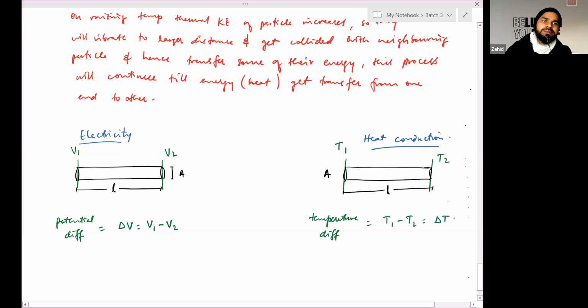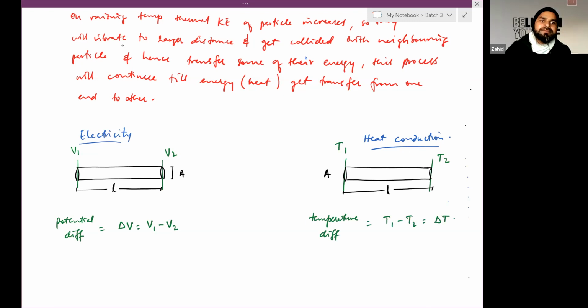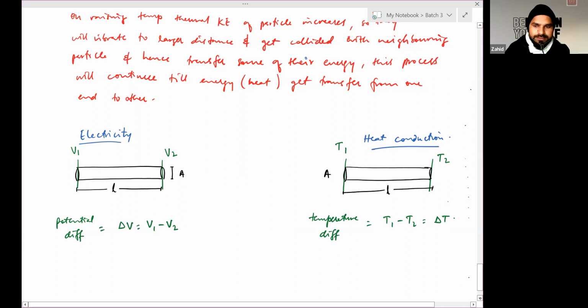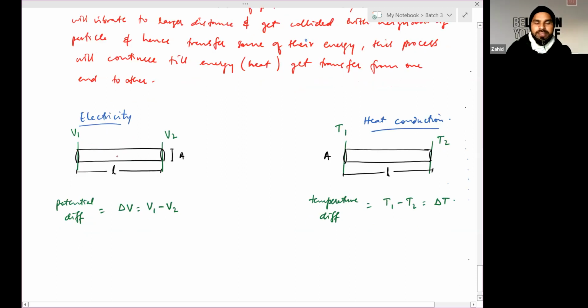Atif, any doubt? Okay. Next, in this particular conductor, there will be some opposition caused in the flow of electrons or charge through it, which is called resistance.